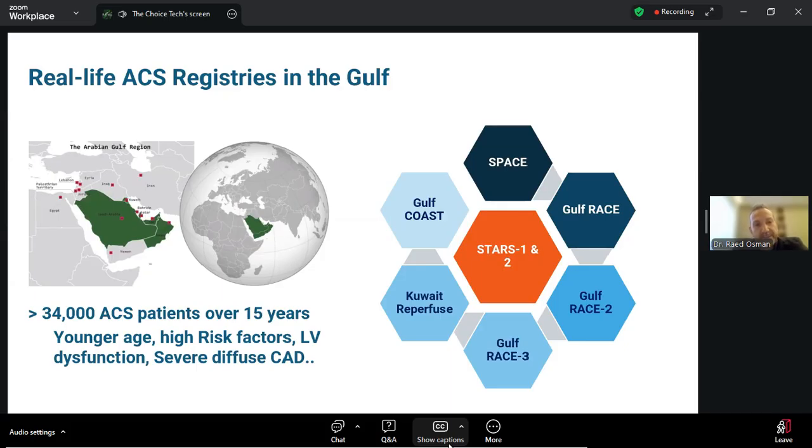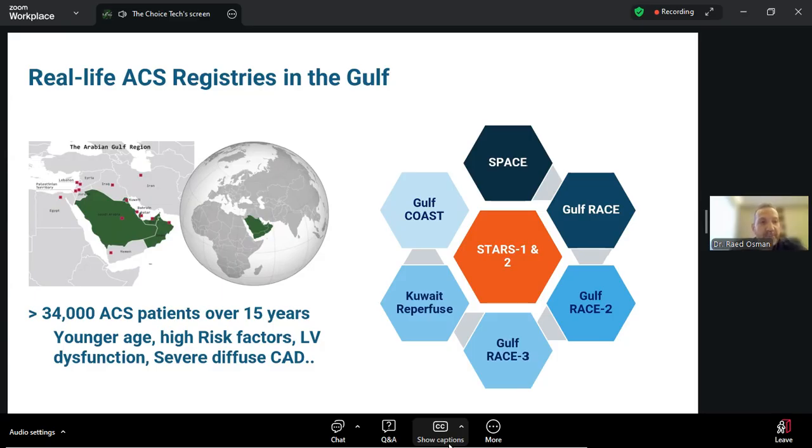Together, these registries, including Gulf RACE, Gulf RACE 2, Gulf RACE 3, Gulf COAST, Kuwait Perfusion, SPACE, and STARS, have enrolled more than 64,000 patients with acute coronary syndrome.